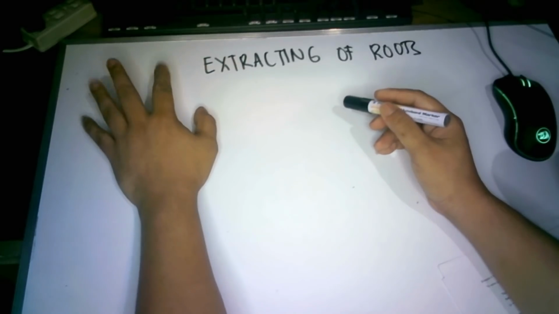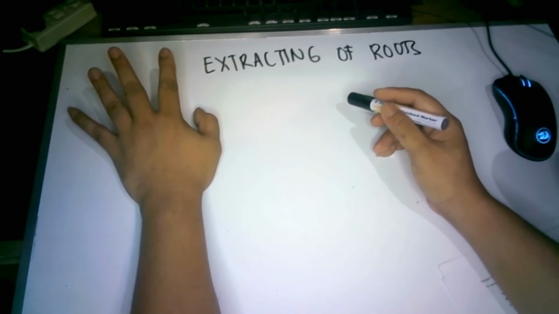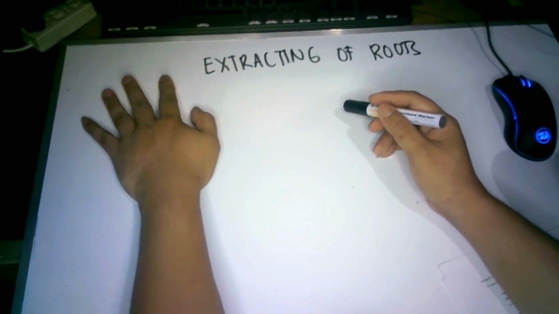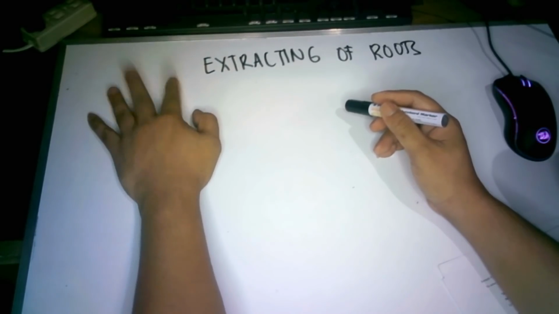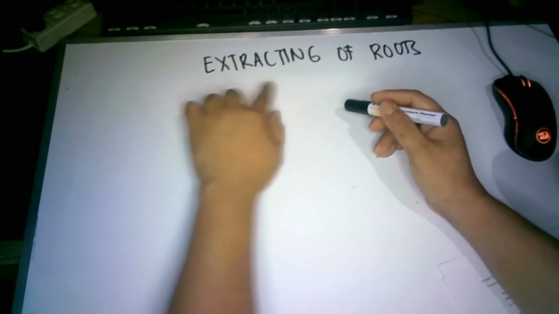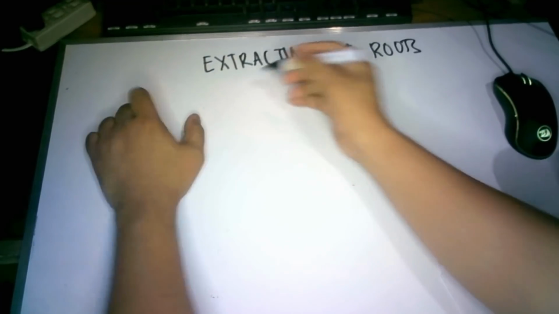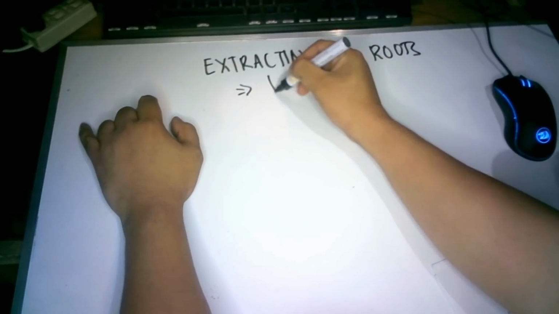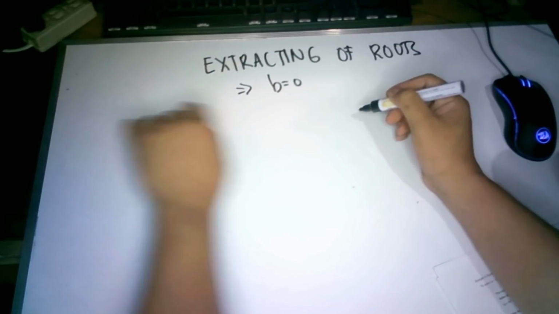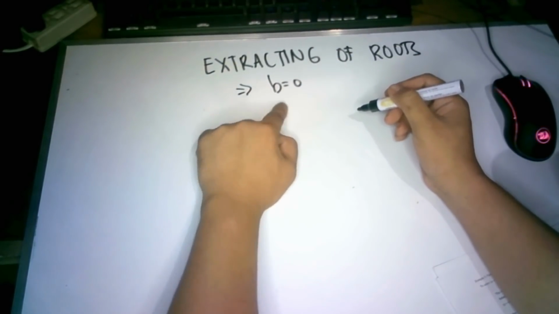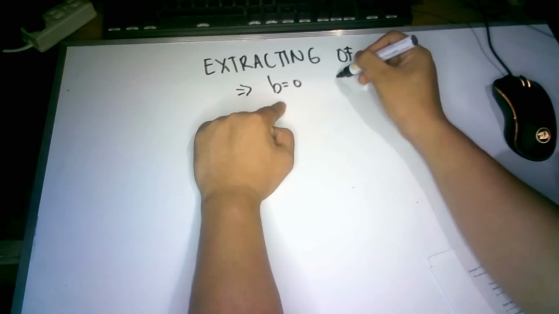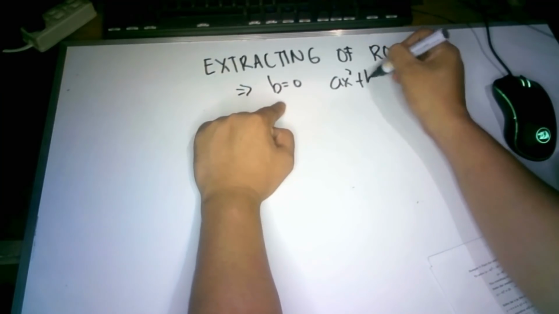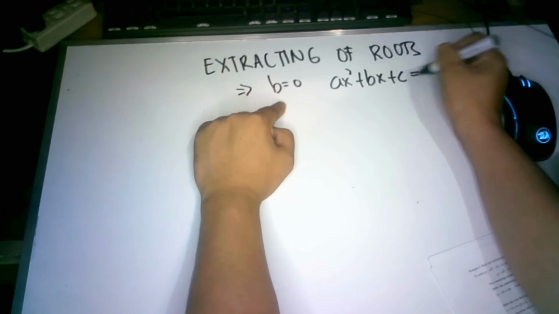So, remember, hindi lahat pwede gamitan ng extracting of roots. Kaya, ang first natin i-identify is kailan pwede gamitin ang extracting of roots. So, ang first hint dyan, kung kailan siya pwede gamitin is when b equals 0. Remember, ang ating standard form is ax squared plus bx plus c equals 0.